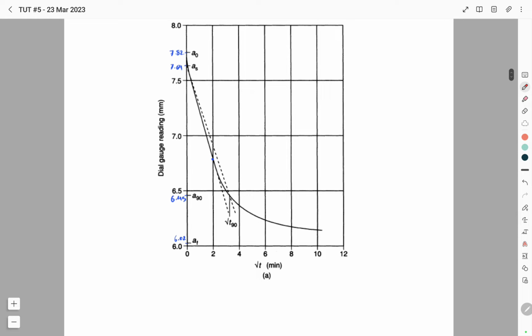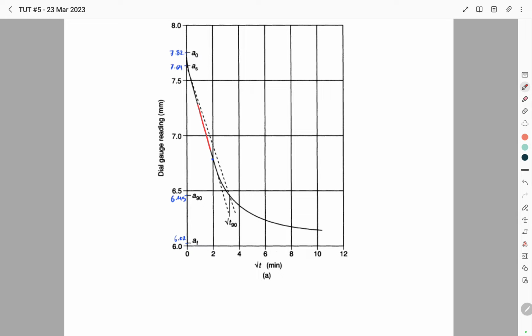So in order to determine AS, as you can see in the graph, we have a straight line in the beginning of the root time plot.